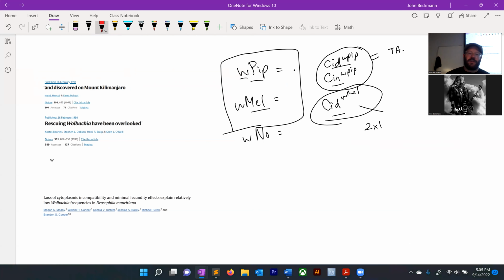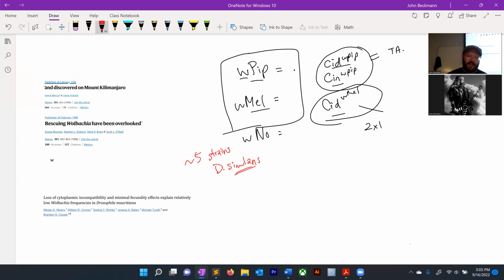Within that context, there are about 5 different strains of Wolbachia that have interesting CI phenotypes in Drosophila simulans. This is another fruit fly, which is very convenient for research purposes because it's very easy to grow and test and do experiments in simulans.